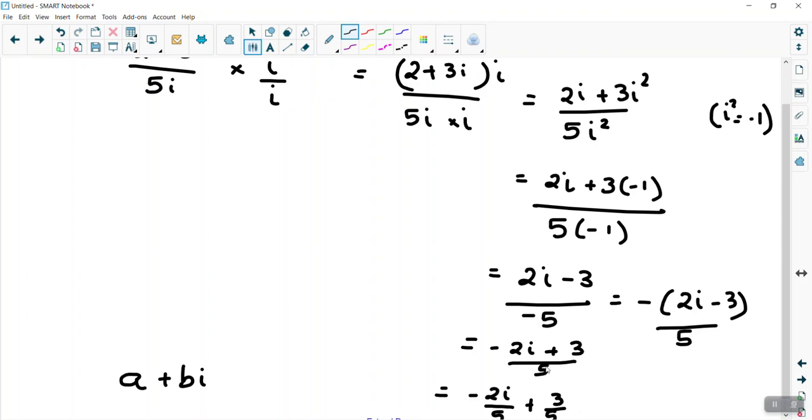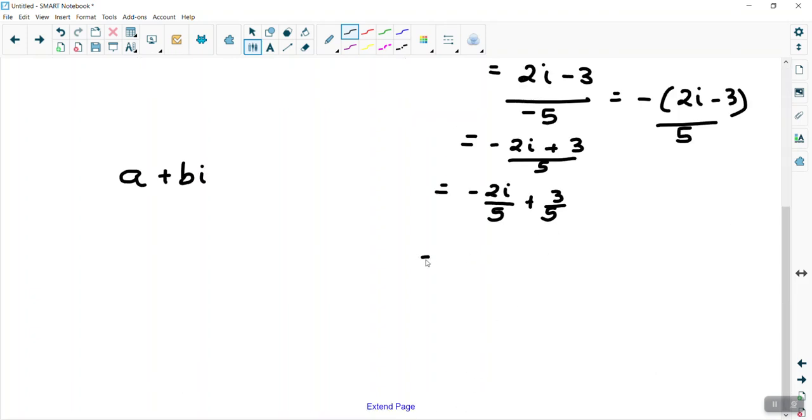We just divide each term by 5, which gives us, now, because the real part comes first, 3 over 5 minus 2i over 5, which is the imaginary part, although you could just leave it at this part and you are also done, right? This is just in case you're asked to write it in the standard form. The standard form is the complex number z is a plus bi, where a is the real part and bi, that's your imaginary part.